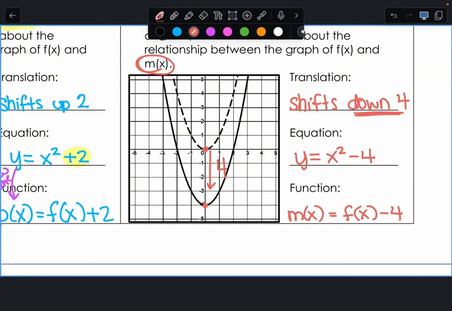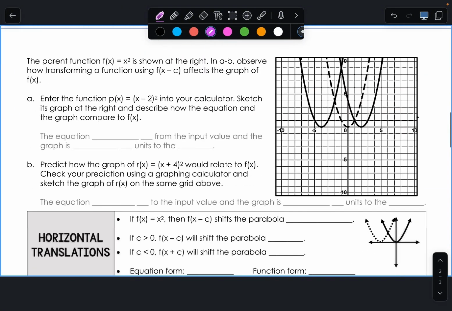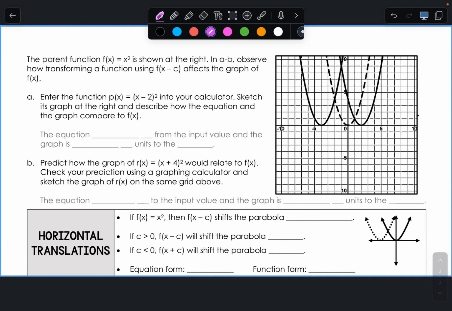Flip it over. So, up and down are two different types of transformations, but you also have what directions? Left and right. It says the parent function x squared is shown on the right. In A and B, observe how transforming the function using f of x minus c affects the graph. For A, it says enter the function into your calculator.